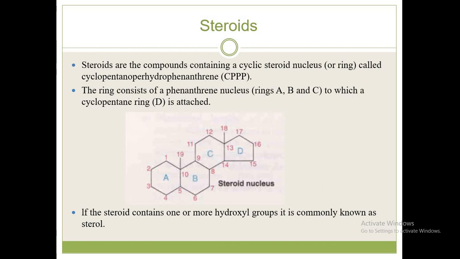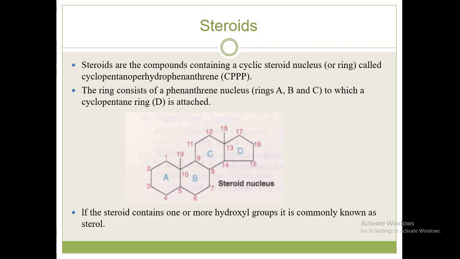Now, how can these compounds from the steroid nucleus be produced? You can have a functional group added to this steroid nucleus. Depending on the nature of the functional group and the location of the functional group, that determines a particular function of this steroid, as well as the name.